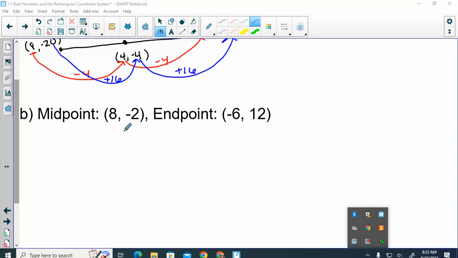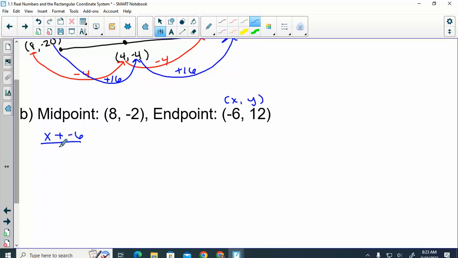This is the midpoint. This is my endpoint. So the other one would be x, y. To find the midpoint, you add the x's, divide by 2, and equal the x value of the midpoint, which was 8. So if I solve that, multiply the 2 over. So x minus 6 equals 16. Add the 16, so x is 22.